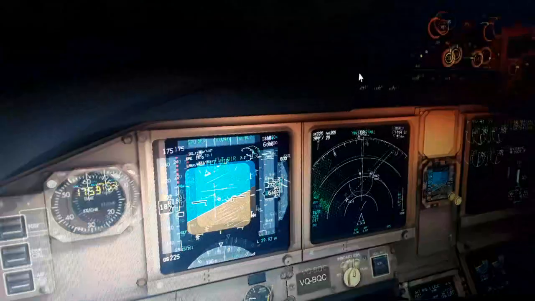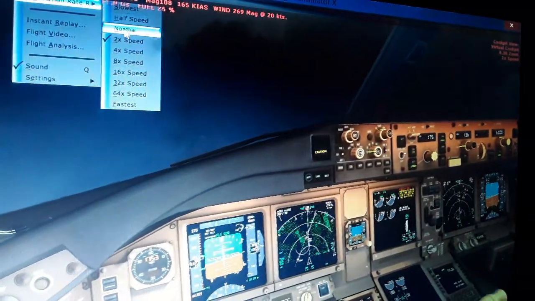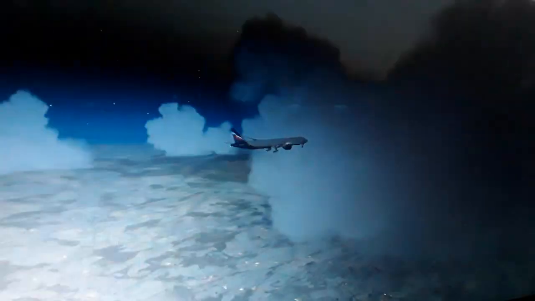So we are at 6,000 feet over here. We're much closer to the airport. So you can see where we are right now as we are approaching the airport. Much closer.